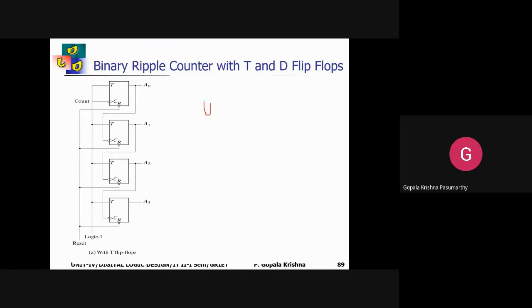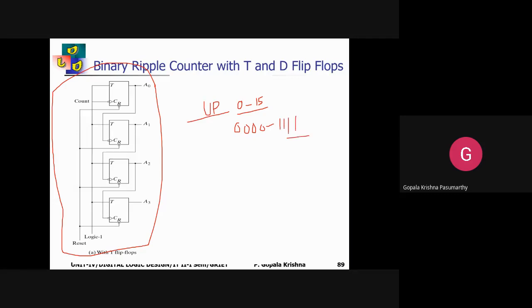And moreover, we can say this is also called a binary up counter, means it is counting from 0 to 15. This specific circuit diagram counts numbers from 4 zeros to 4 ones. Right?